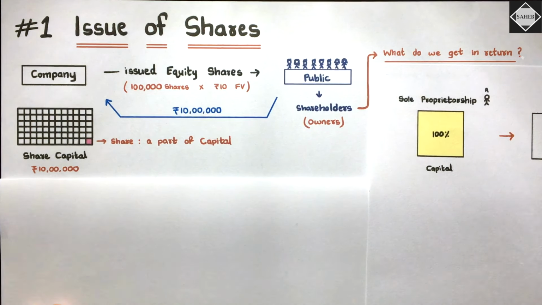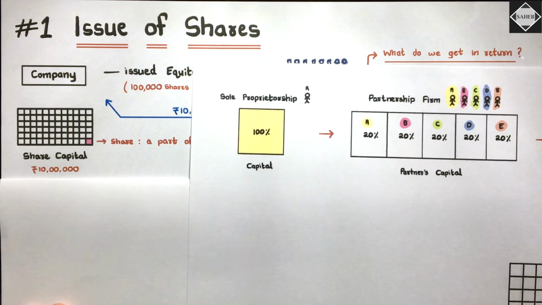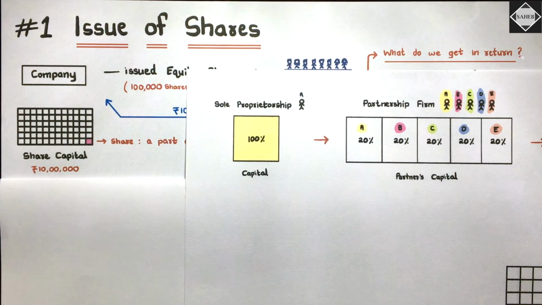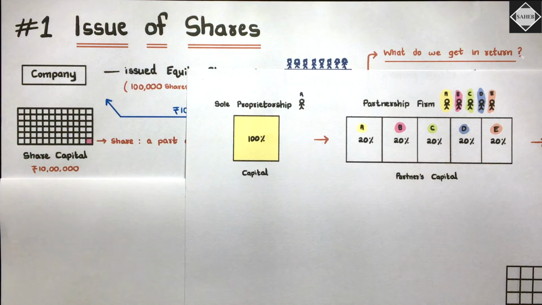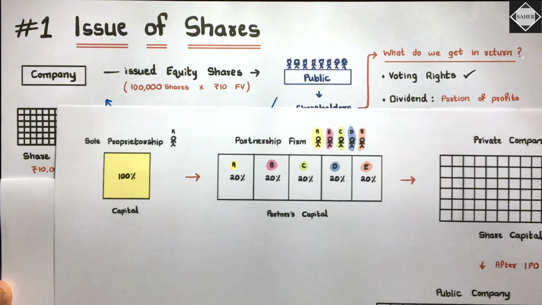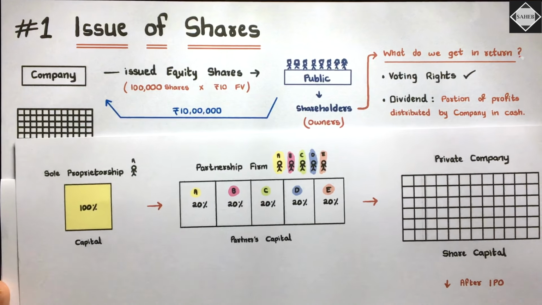So what do you do? You can get it converted into a partnership firm. You are making revenues, profits and everything. Here also it's the same case. You can't grow beyond a certain point, right? Your revenues will get stuck at a point. So if you want to make it big, you have to get your partnership firm incorporated, converted into a private company.